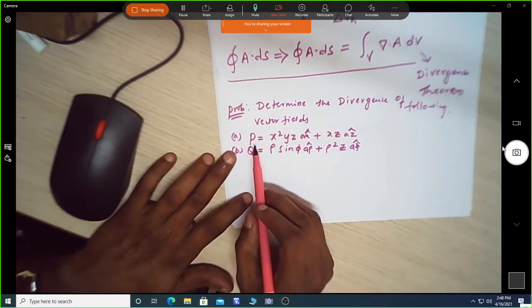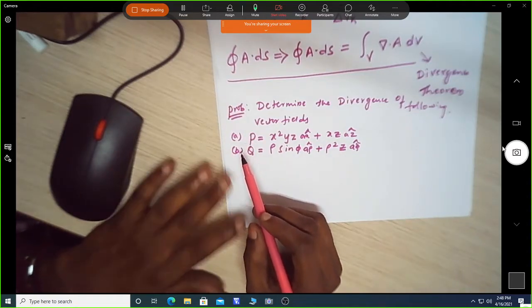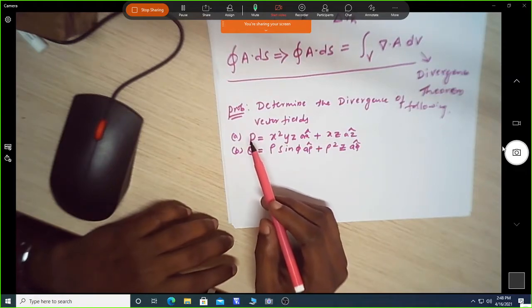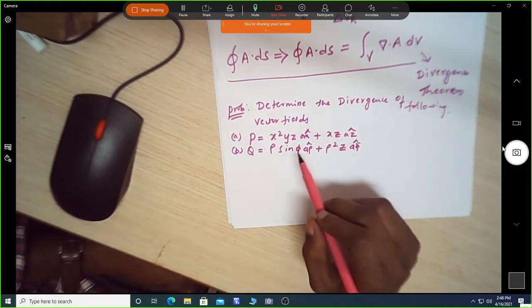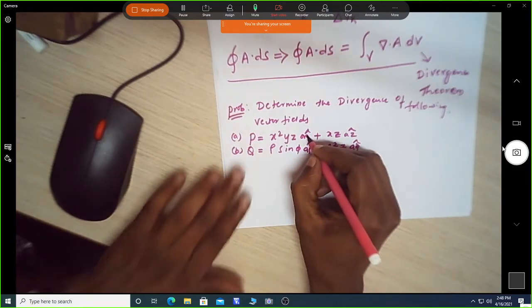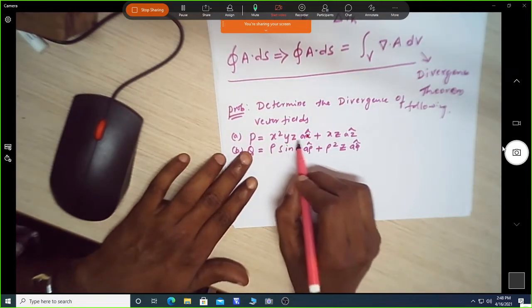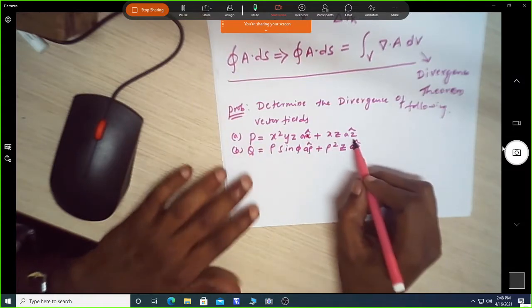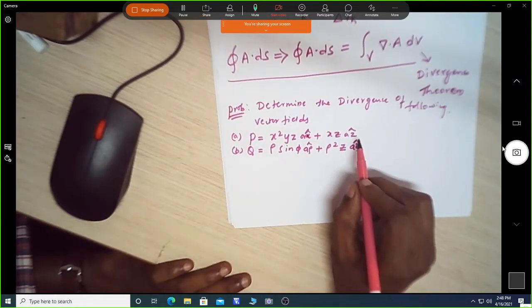P is equal to x square yz in ax direction. Okay, so x square yz ax plus xz into az cap.